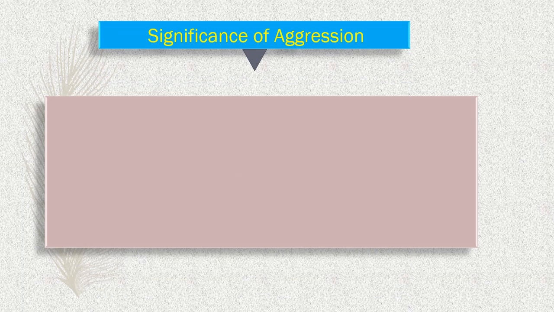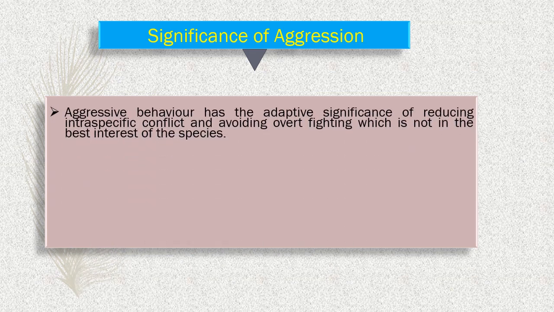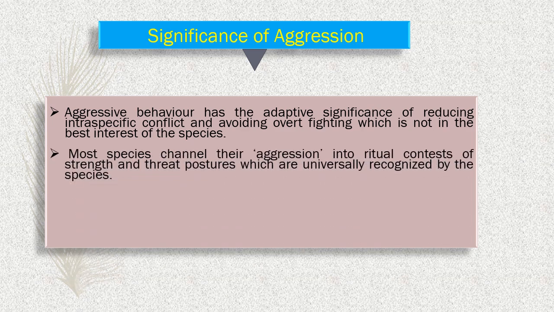Lastly, I want to add some significance of aggression. Aggressive behavior has the adaptive significance of reducing intraspecific conflict and avoiding overt fighting, which is not in the best interest of the species.